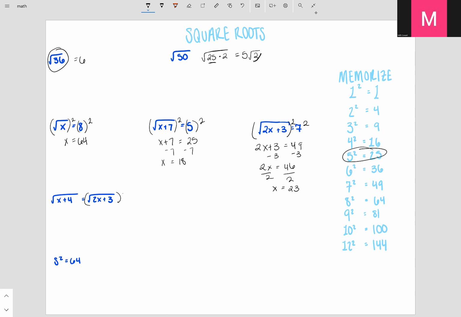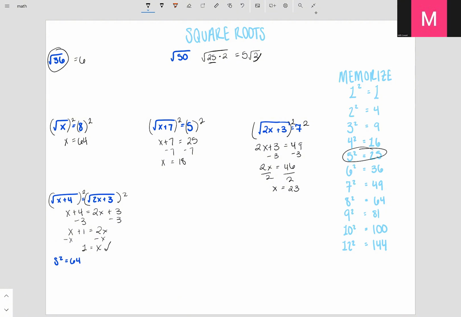Squaring each side of this equation, we have x plus 4 equals 2x plus 3. x plus 1 equals 2x. There we go.